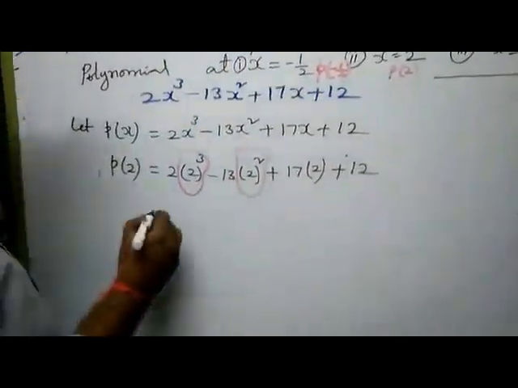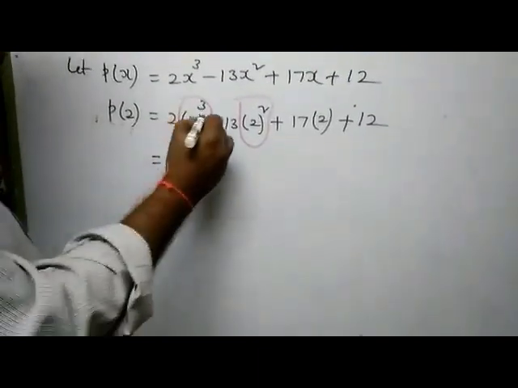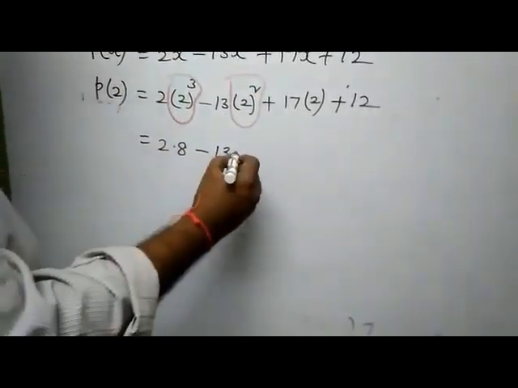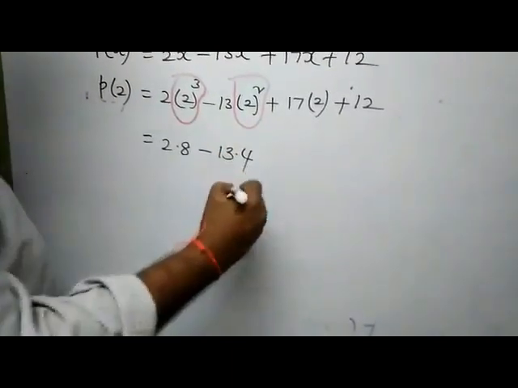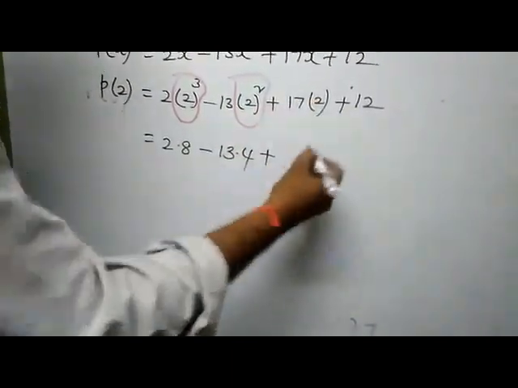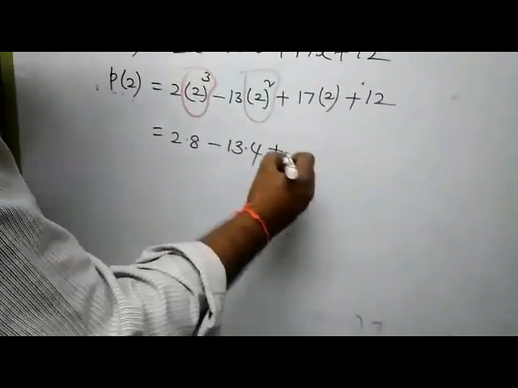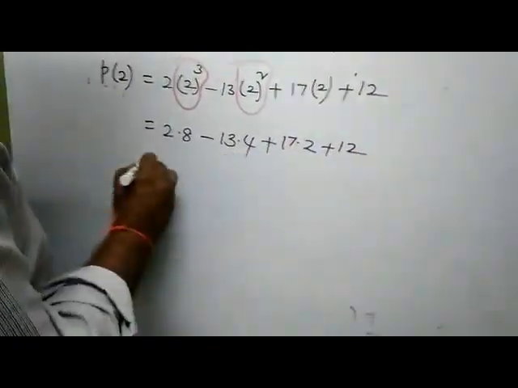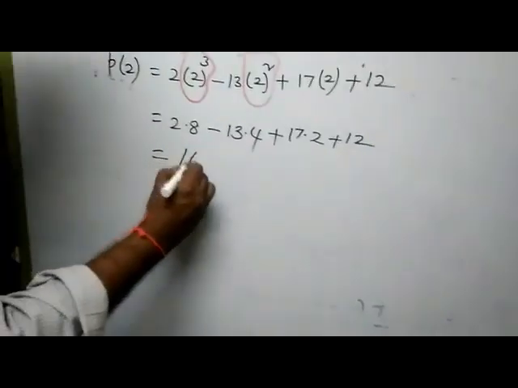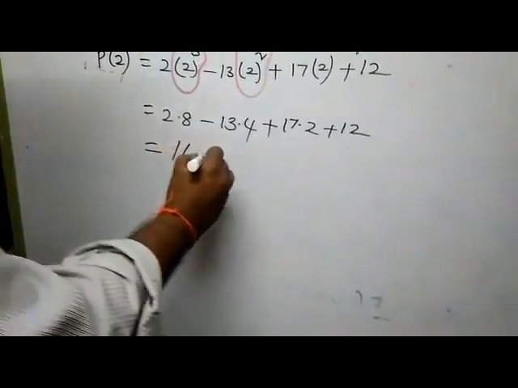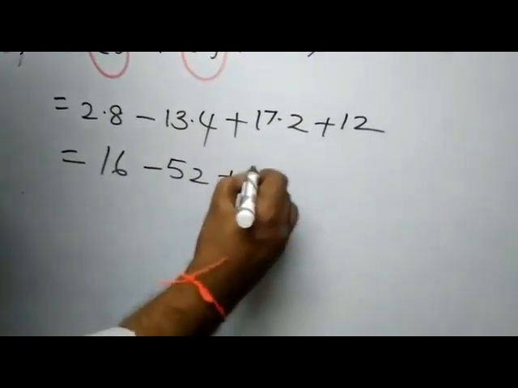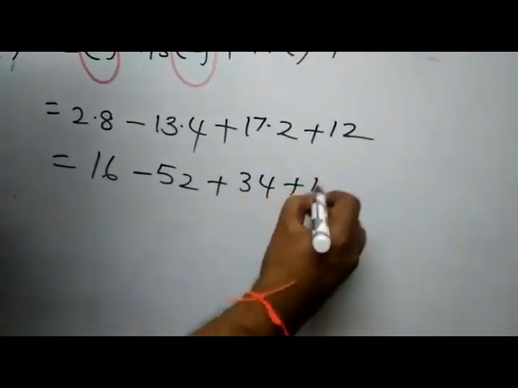So 2 into 2 cube is 8, minus 13 into 2 square, which is 4, plus 17 into 2 plus 12. 2 8s are 16, 13 4s are 52, plus 17 2s are 34, plus 12.